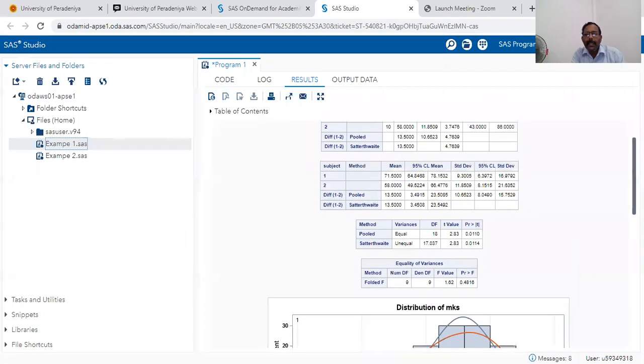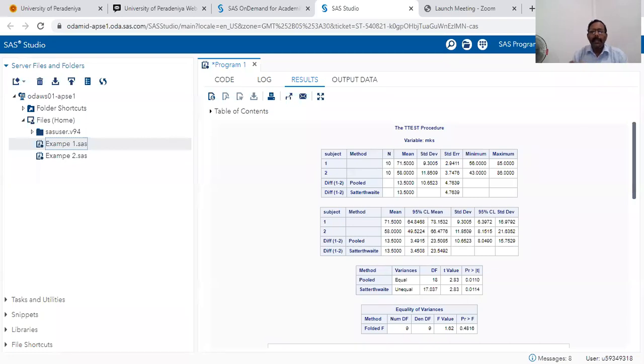So you could see it has a relation with this table. Actually, some parts are also there in this table.